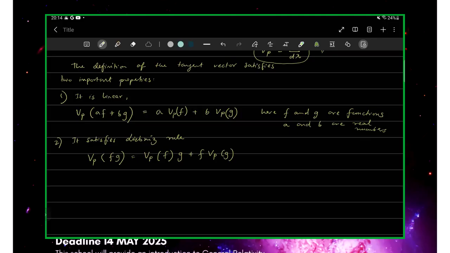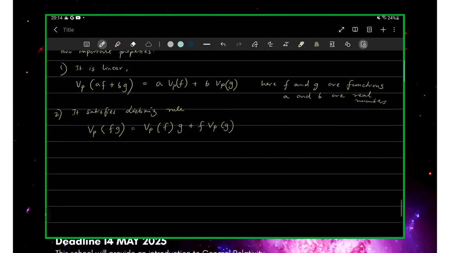Okay. So now we can use these properties to prove that the set of all vectors at a particular point P forms an n-dimensional vector space called the tangent space.